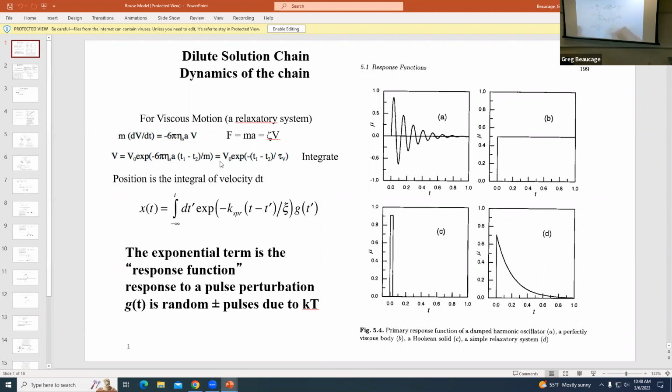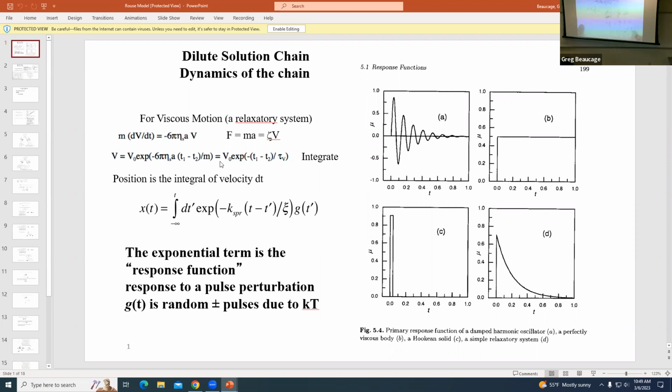So this gives ln of x by x0, and this is K spring by a friction factor, and then t minus t0, delta t, right? And then this somehow is negative. I don't know where the negative is, but it should have been negative. So x equals x0 exponential of this K spring by sigma, which is tau, and then up top is this t.